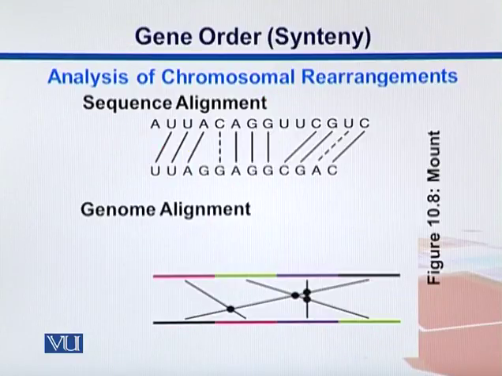While we do this analysis computationally, we try to make it simplified. For example, here we have the sequence alignment, where the sequences are aligned with one another in the top diagram, and in the same way these similar sequences, when we put them together in a genome context, will give us the genome alignments.